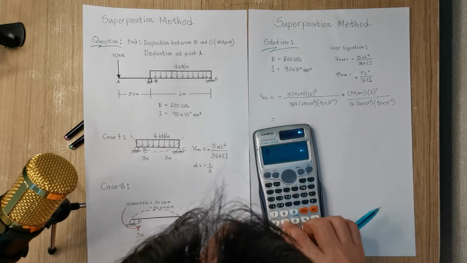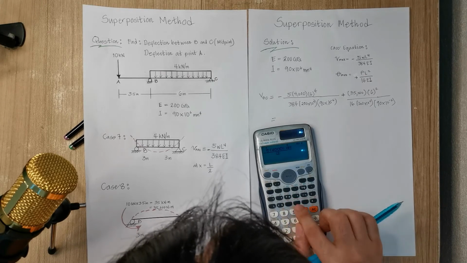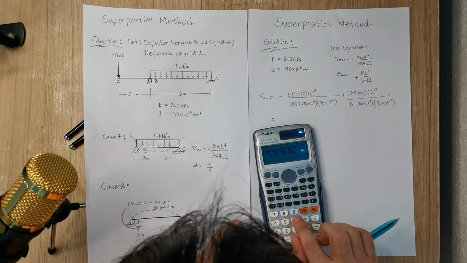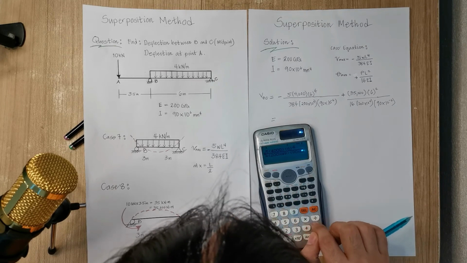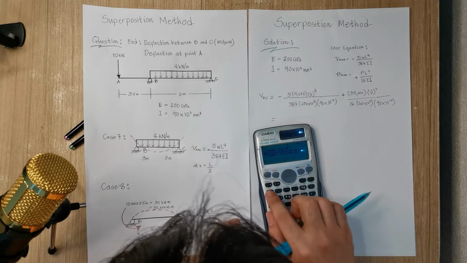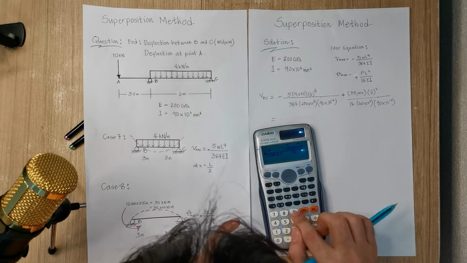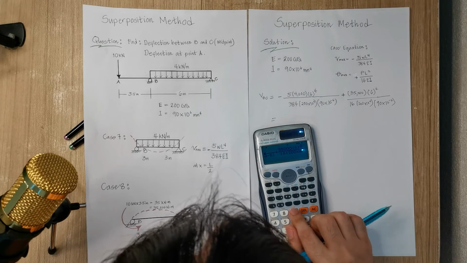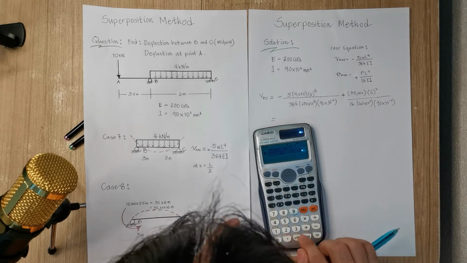So negative 5 times 4,000 times 6 to the power of 4, 384 times 200 to the power of 9 times 90 times 10 to the power of negative 6, plus 35,000 times 6 to the power of 2, and 16 times 200 times to the power of 9, 90 times to the power of negative 6.